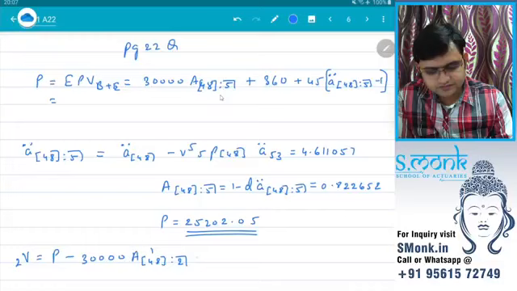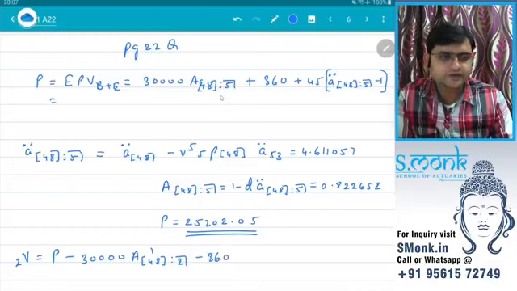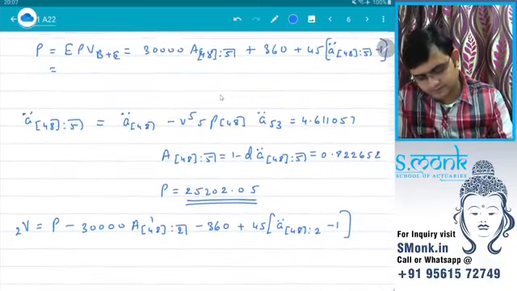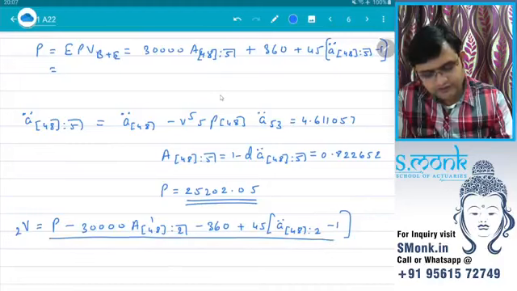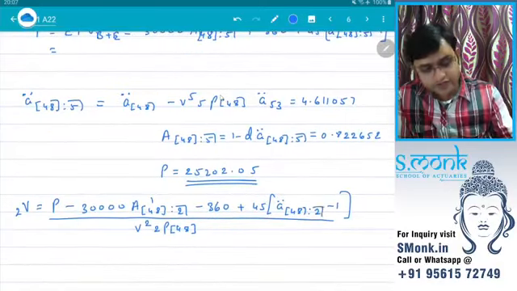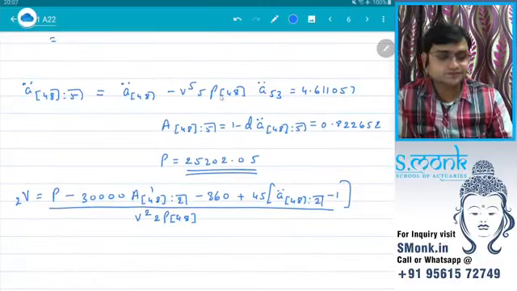And then the expenses, we will subtract that. 360 happened because we are again talking about past expenses. And then 45, again A due select 48 for 2 years minus 1, divided by v raised to 2, 2p select 48. 48 plus 2 gives us 50.